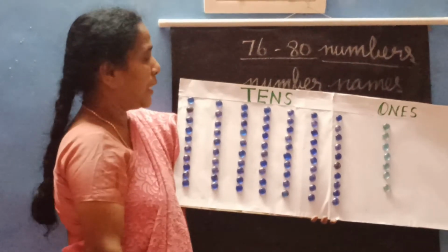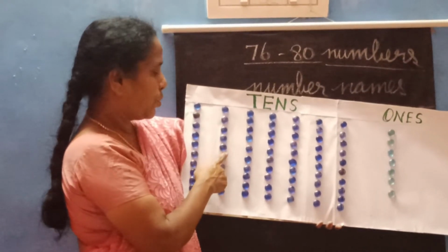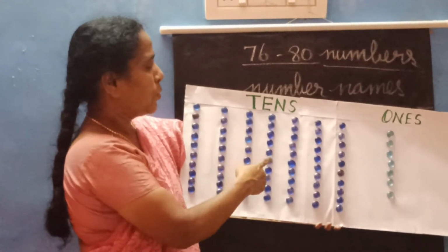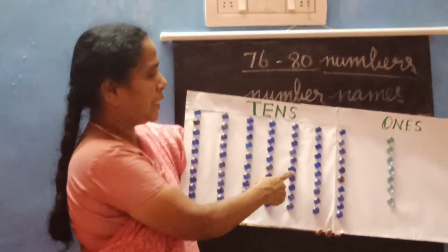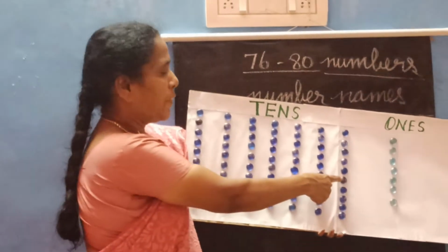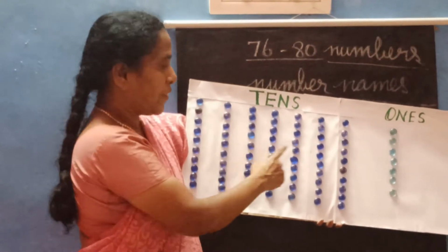Altogether, how many tens are there? 1 ten, 2 tens, 3 tens, 4 tens, 5 tens, 6 tens, 7 tens. How many tens are there? 7 tens.